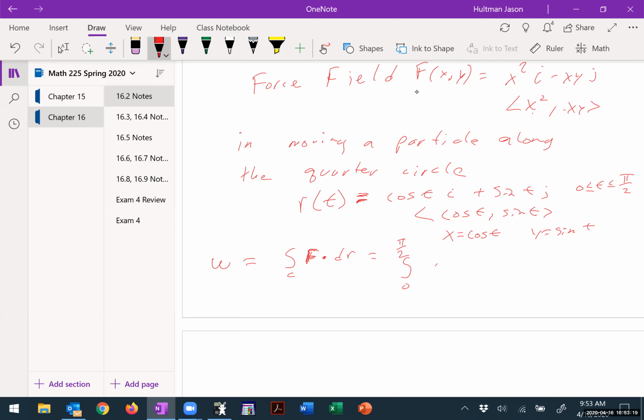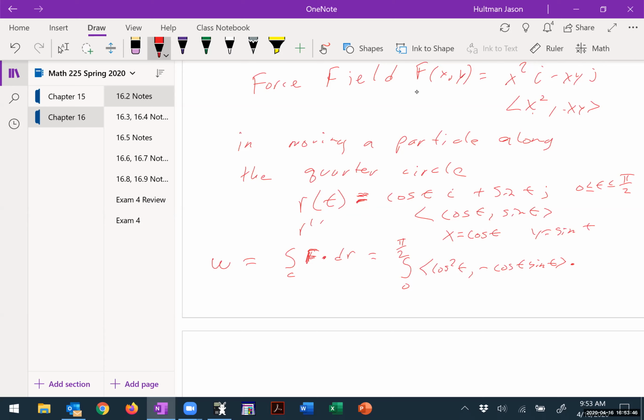So this is cosine squared t, comma, negative cosine t sine t. Again, these are vectors, dotted with dr. Well, what is dr? Dr is the derivative of r of t, just r prime of t.